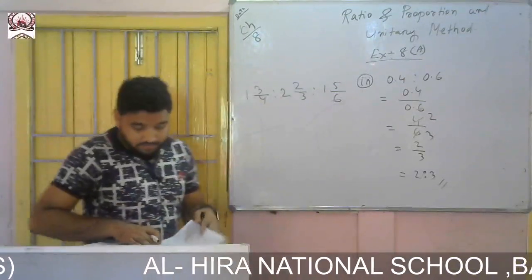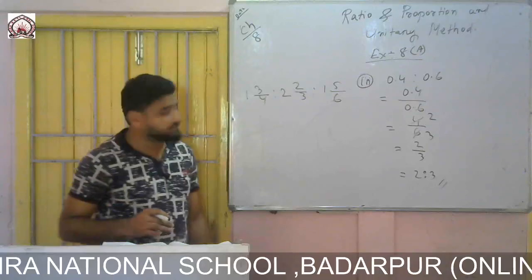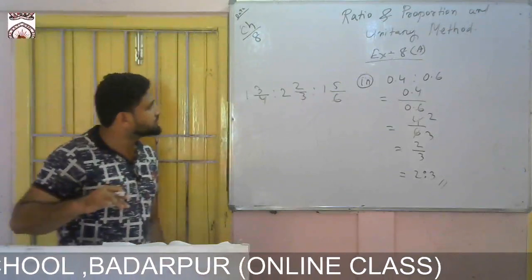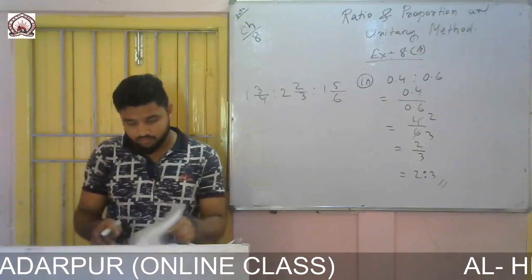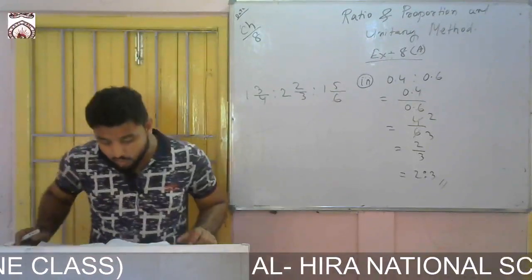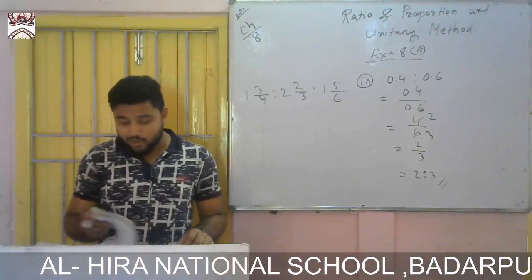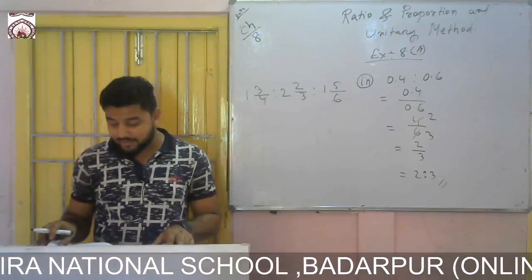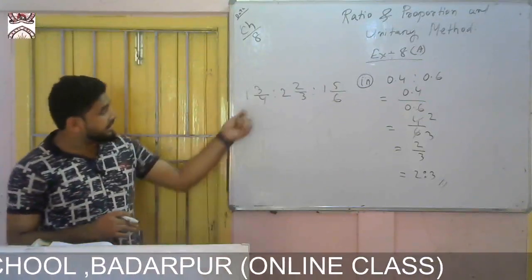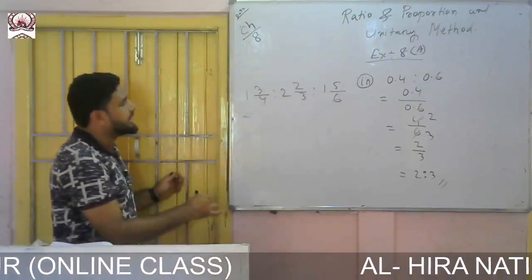So 1 3 by 4, 2 2 by 3, 1 5 by 6. First we shall take them into fractions, that is improper fractions.